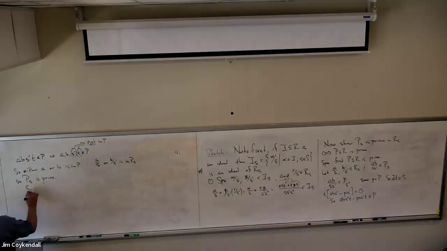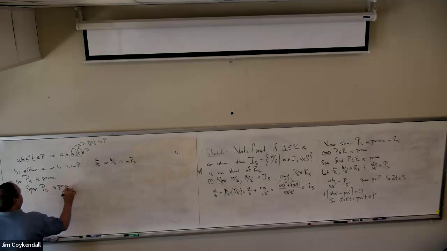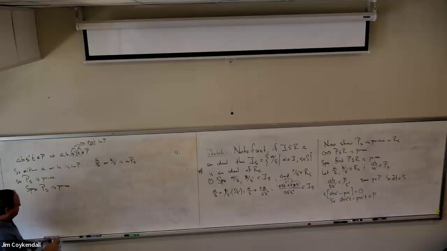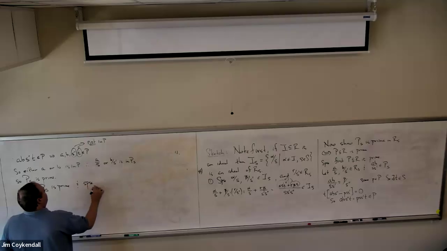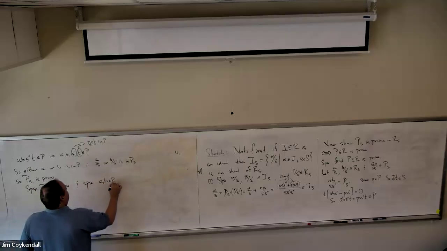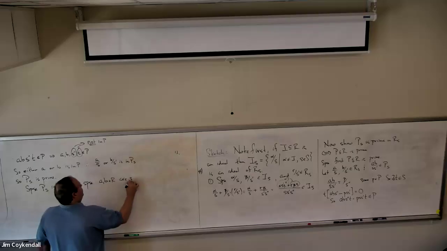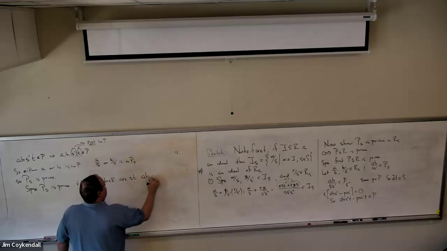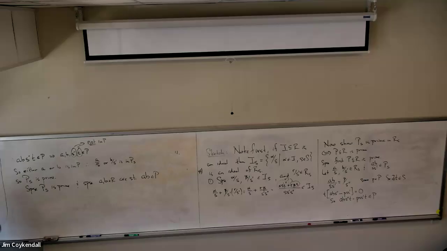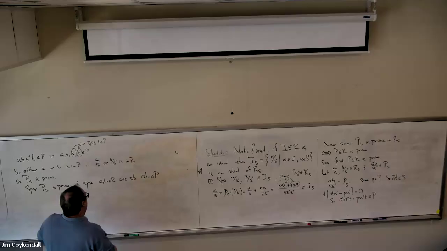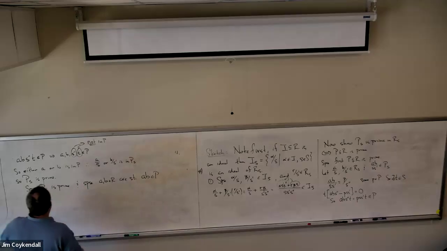Suppose P localized at S is prime. I want to show that P is prime. And suppose that a, b in R are such that ab is in P. Now, notice here, I could do this rather conveniently.